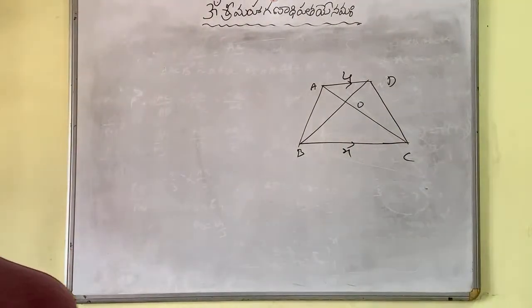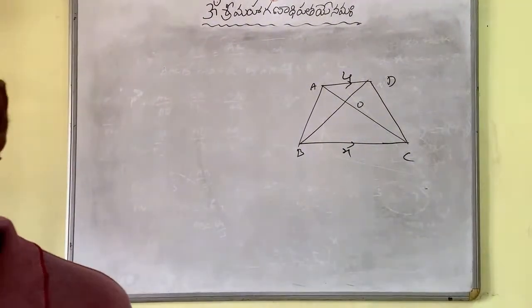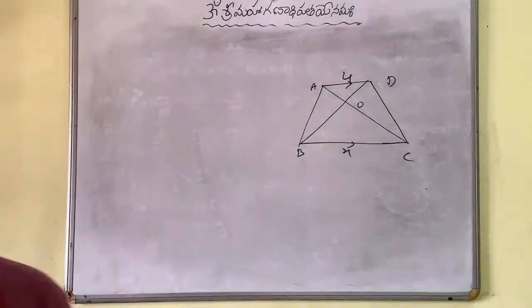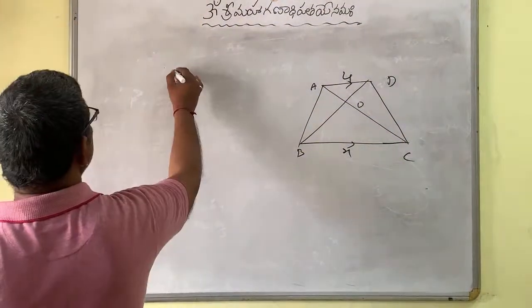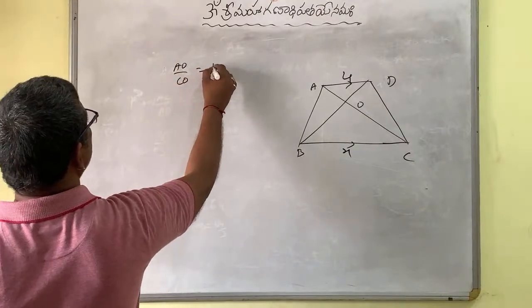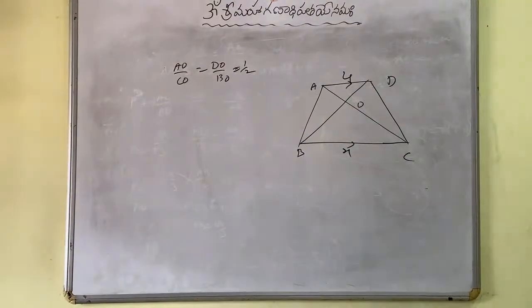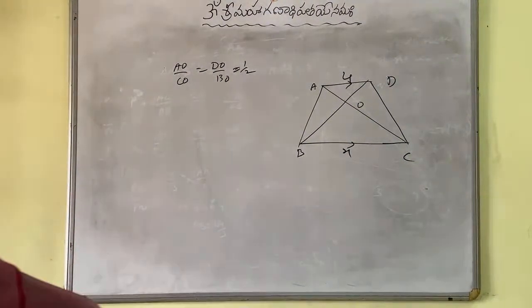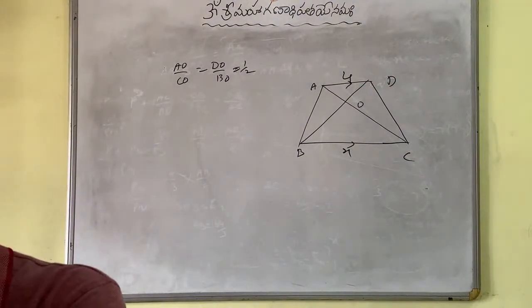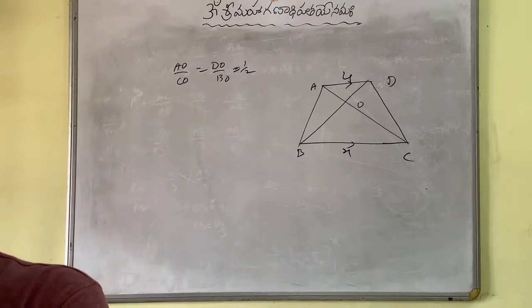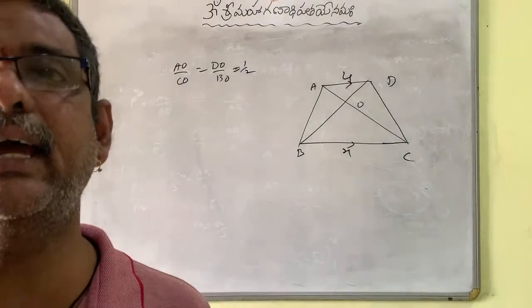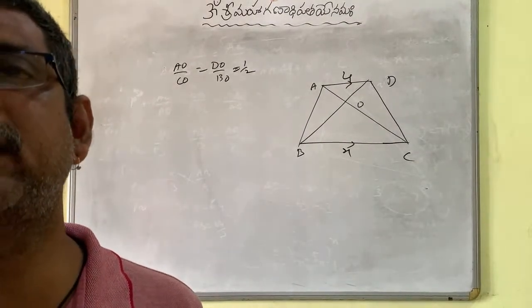Which one? Some more information: AO by CO, DO by BO is given, 1 by 2. That ratio is given. We need to find out BC. Which one do we have to take, ABD, ACD or AOD, COB?